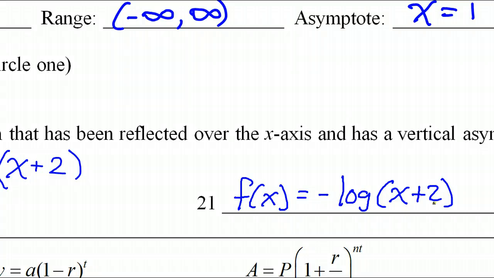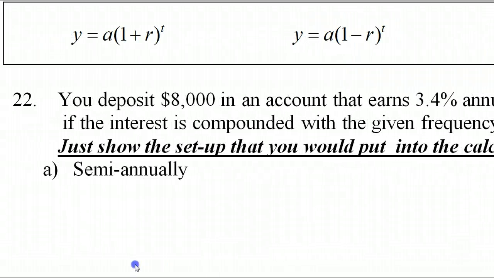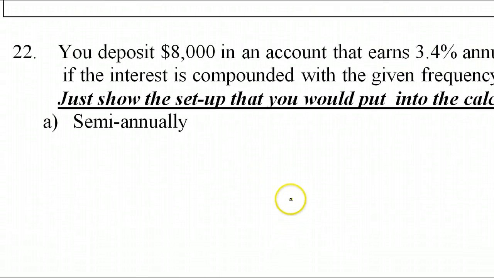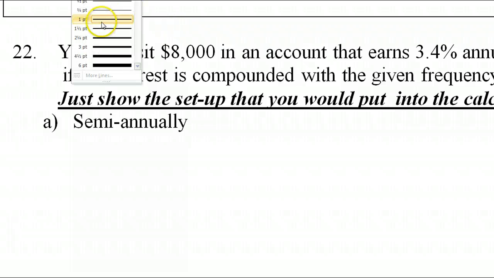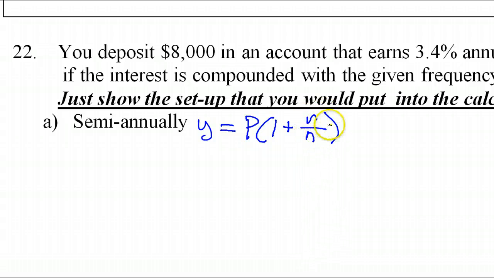Okay, there's number 21. Where is number 22? Okay, one of these word problems. Semi-annually. Right as soon as I see semi-annually, I know that we are using this formula: the eventual amount is the initial amount times 1 plus the rate over the compounding to the power of compounding times time.